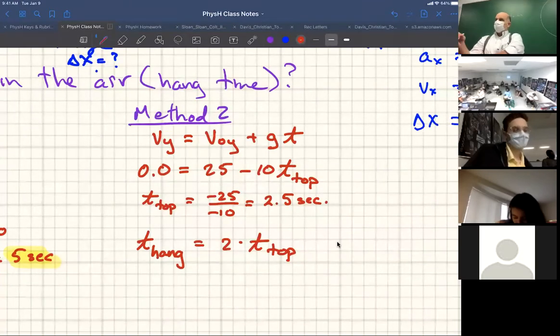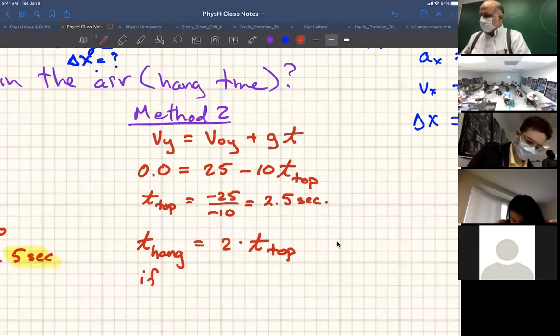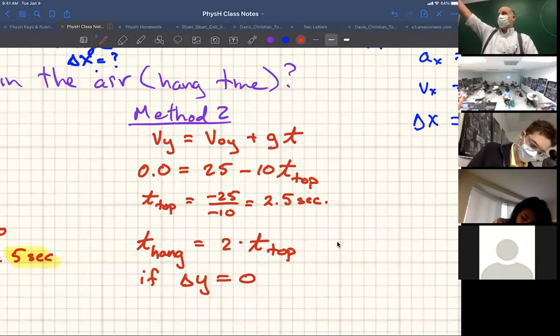Yeah, there has to be no air resistance. What also has to be true is that delta y is equal to 0. It's not true if the projectile is shot from the beach up onto a cliff, or shot from the top of a cliff down to something below.